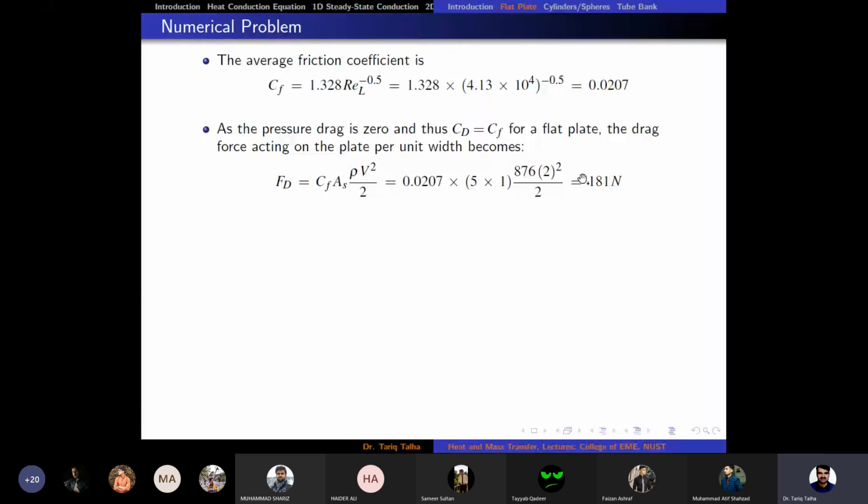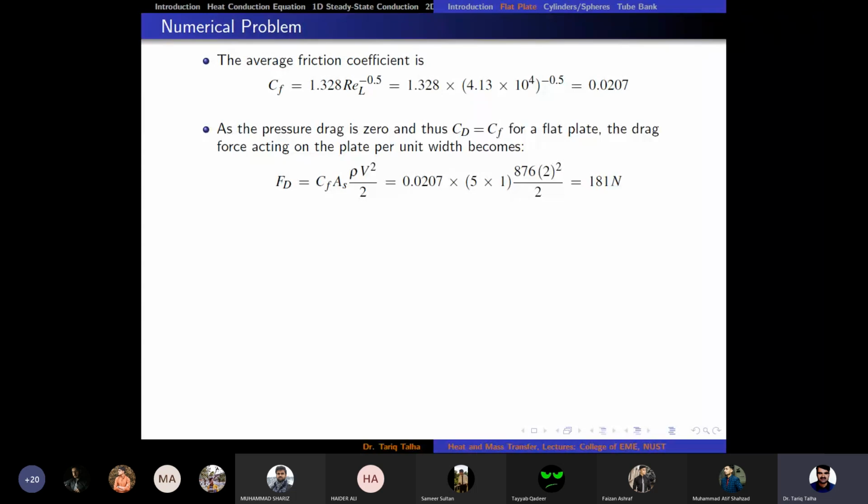U infinity, that is 2 squared. So it means that the fluid would have a drag force of 181 Newton on the surface, and the equal and opposite force would be exerted by the solid body on the fluid in the negative x direction. So that is the 181 Newton.